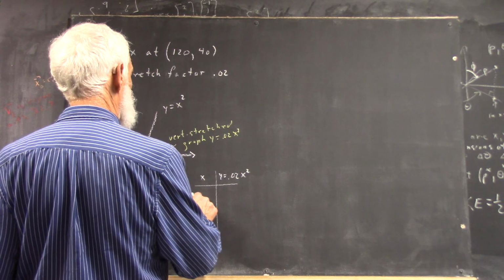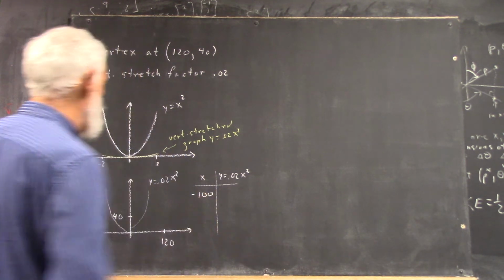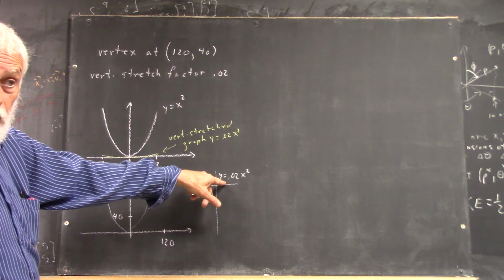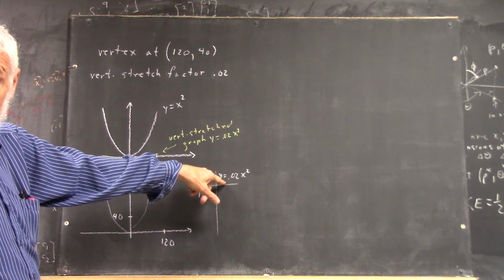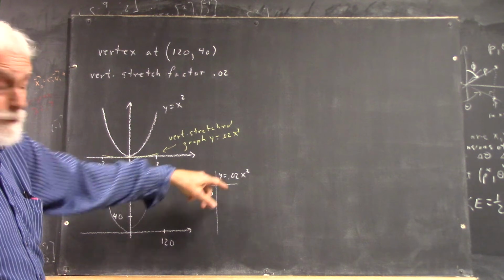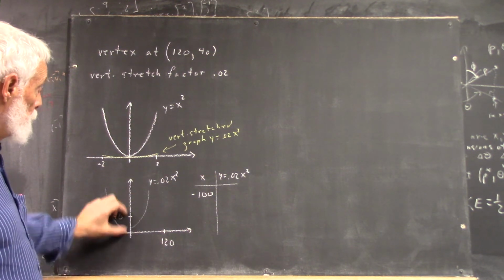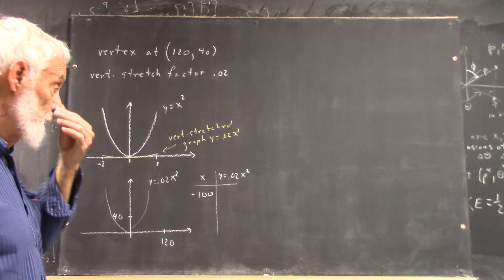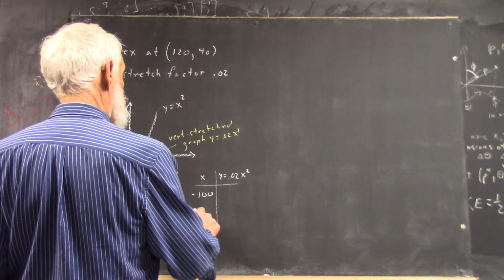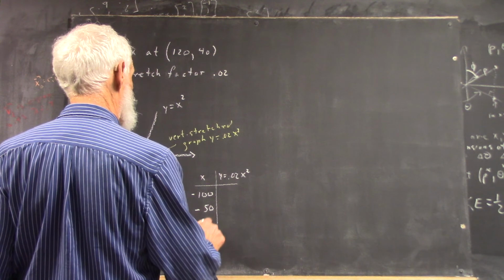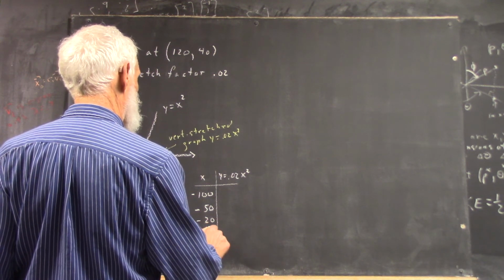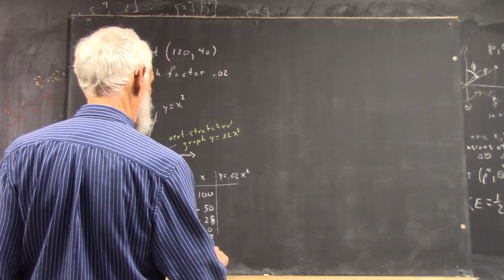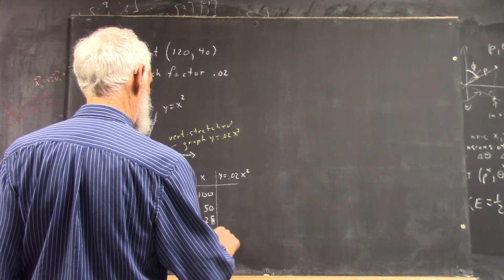Let's say x goes from -100 because if we get 200 for the y value, well, 200's up about here. That's not ridiculous, okay? It's not a ridiculous value. So we go negative 100, maybe negative 50, maybe negative 25, 0, 25, 50, 100.